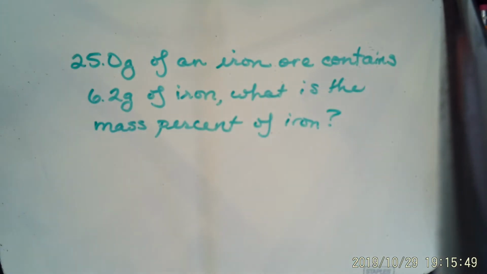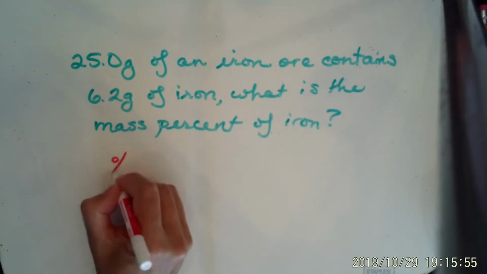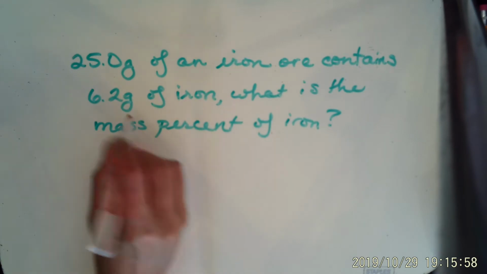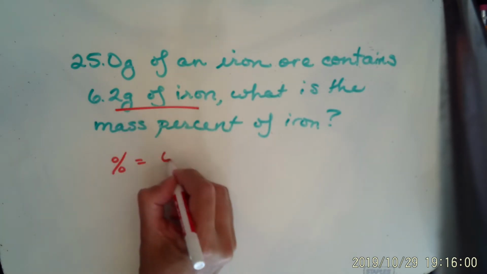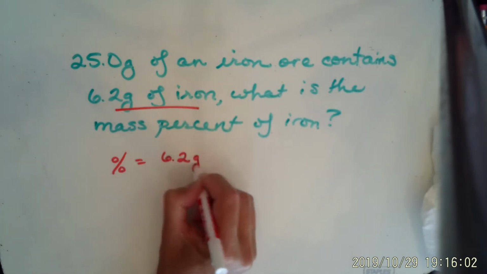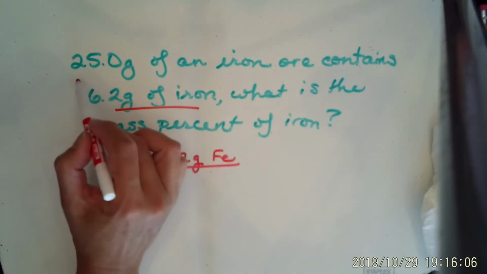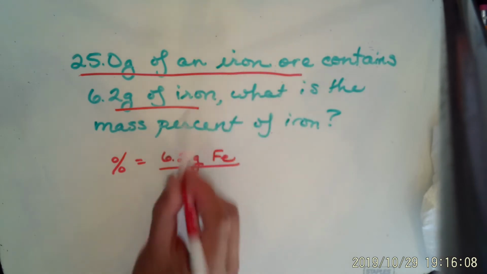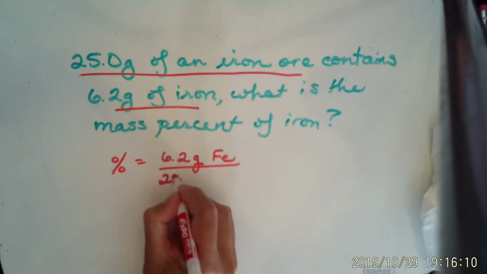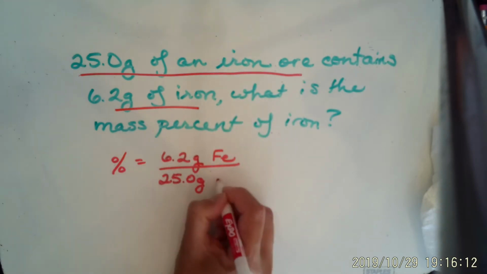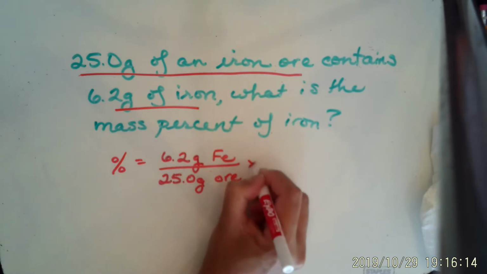And if we follow that formula that we had in the previous slide, percent is going to be equal to the part, which is the 6.2 grams of iron, divided by the whole. In this case, it's going to be the iron ore. So that's divided by the 25 grams, and times 100%.